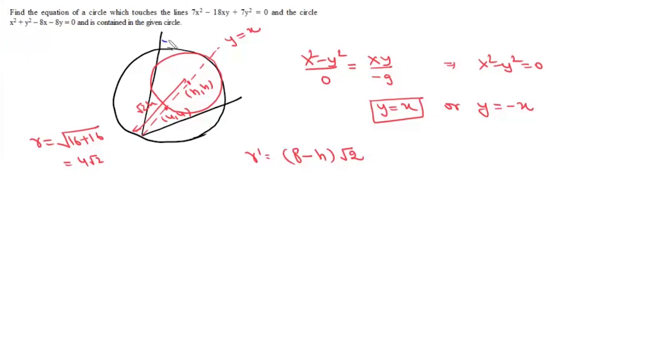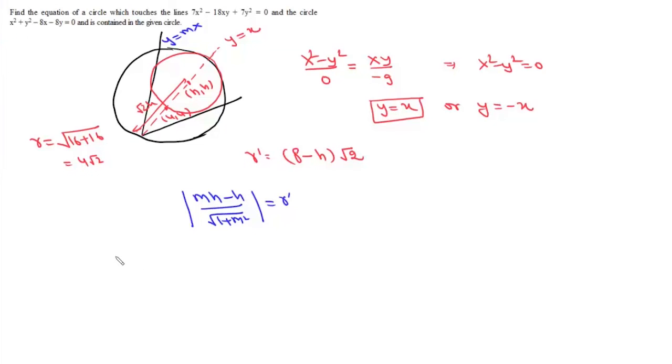Now suppose one of these lines is given by y equals mx, then the perpendicular distance from the center will be equal to its radius. So then we can write (mh minus h) upon under root of (1 plus m square) will be equal to this r dash. What we'll do is we'll square it.